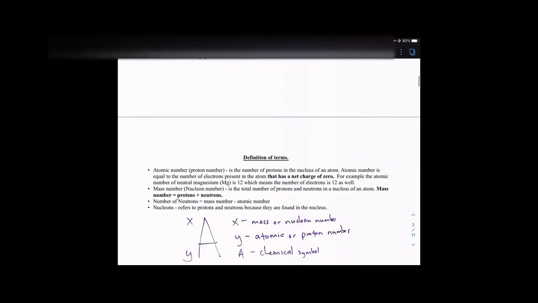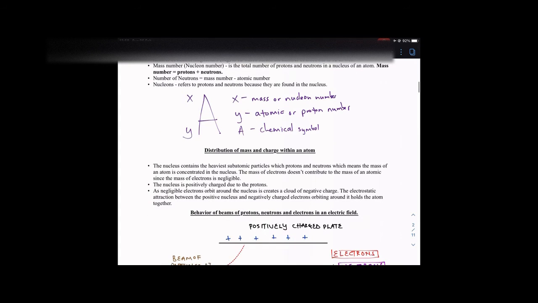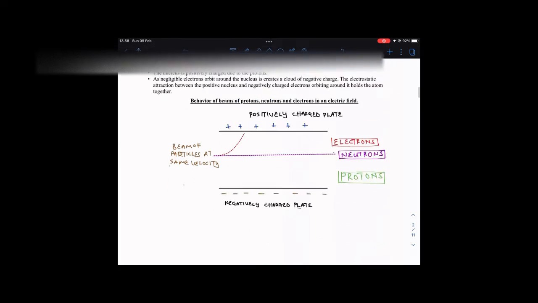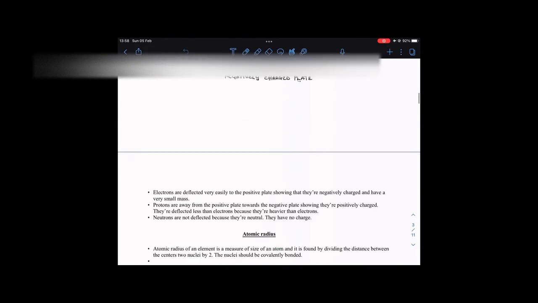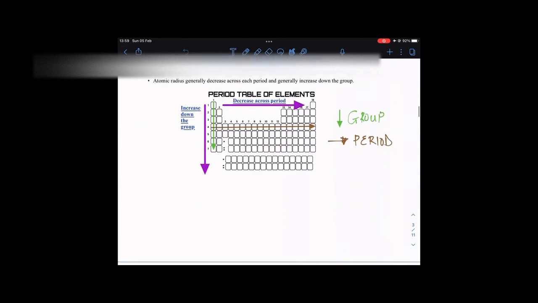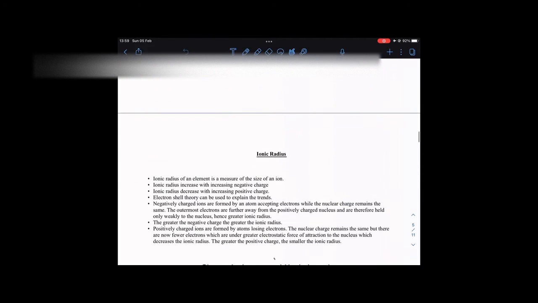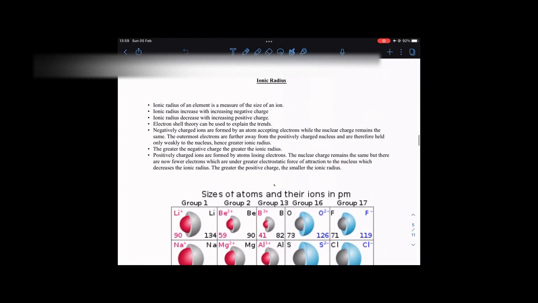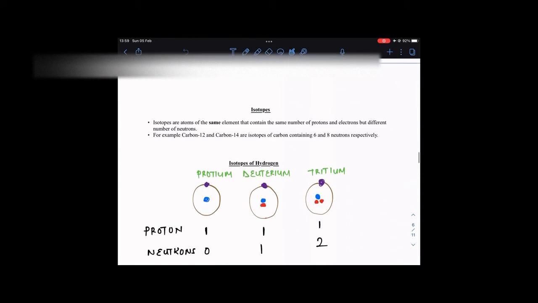So we're going to talk about the basic structure of an atom, definition of terms, and distribution of mass and charge within an atom, and then behavior of these particles within an electric field. And also, I'm gonna talk about the radius, ionic and atomic radius, and isotopes as well.